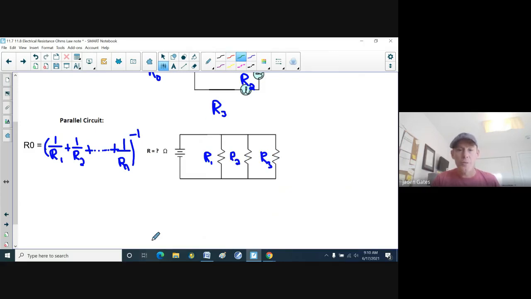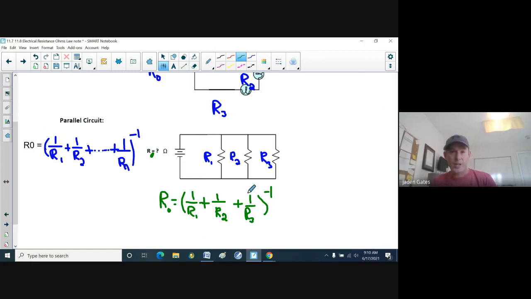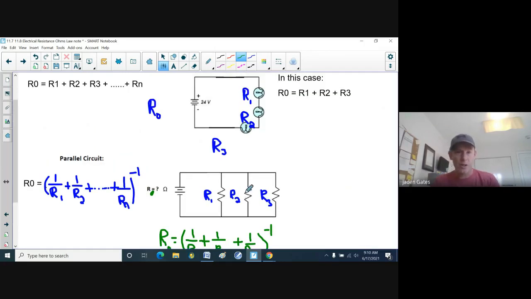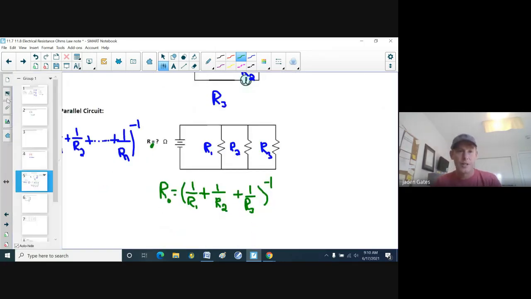And so to find the resistance within this circuit, which is our R0, it would equal 1 over R1 plus 1 over R2 plus 1 over R3. And then I have to do the exponent to the -1. All right. So that is how we look at a series circuit and a parallel circuit in terms of resistance.